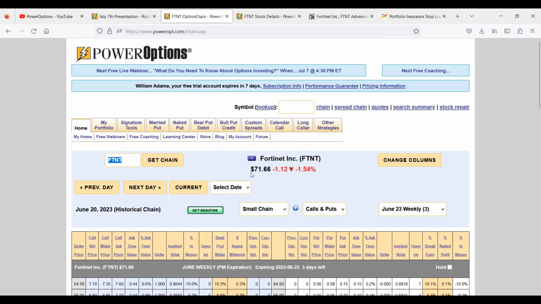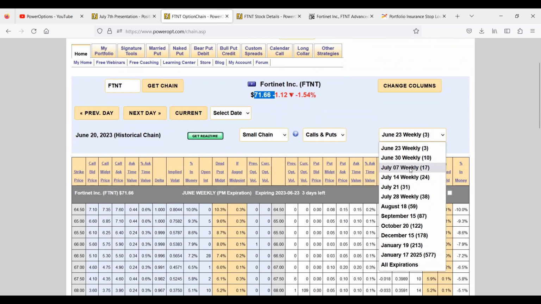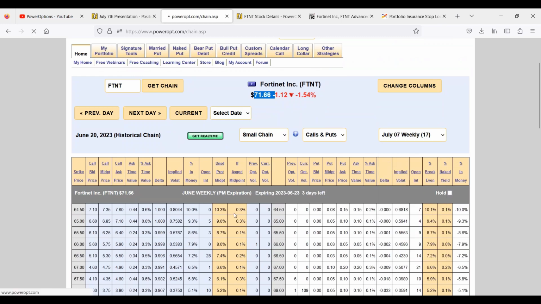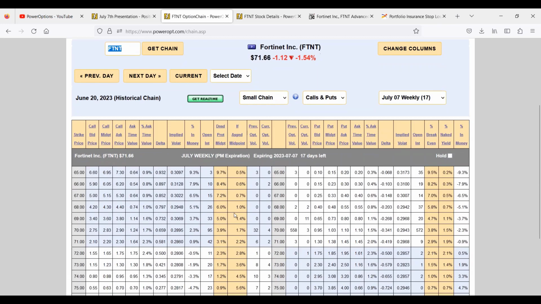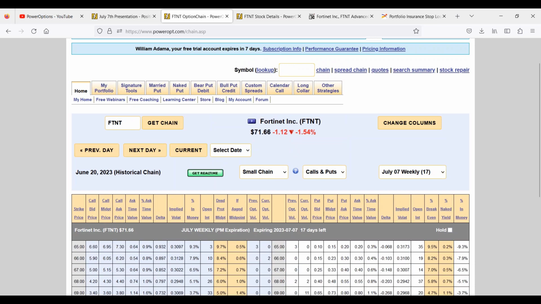Maybe we should use that date, but yeah, let's use the 20th. Stock was trading at 71.66. Our July 7th expiration chain at that time, very nice. Our 72 strike was at 1.65 midpoint. Let's go ahead and use that as our premium for a 17-day trade opened on June 20th.